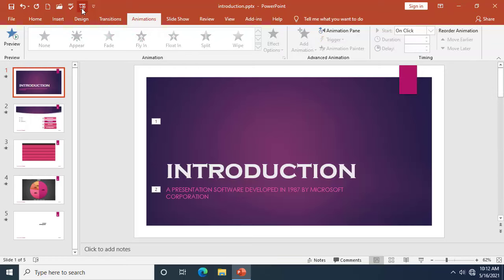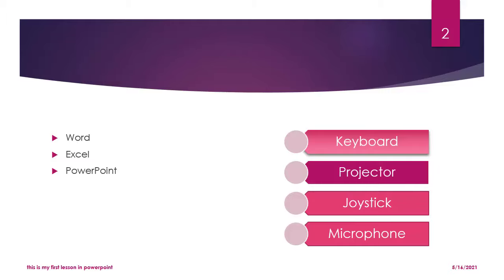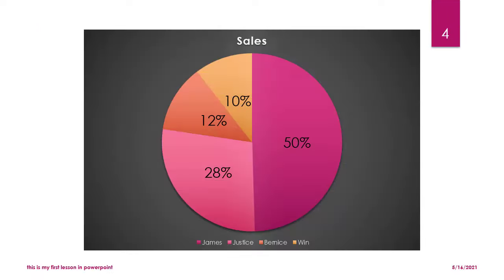Now if I should go to this, that is start from beginning, then notice what I'm going to get. I'm going to click, introduction is going to come, click, a presentation software is going to come, and again click, and so on until the last one.